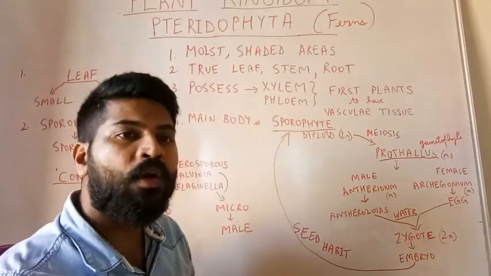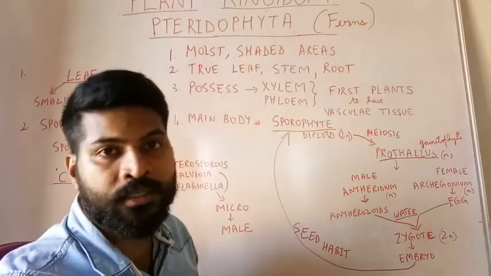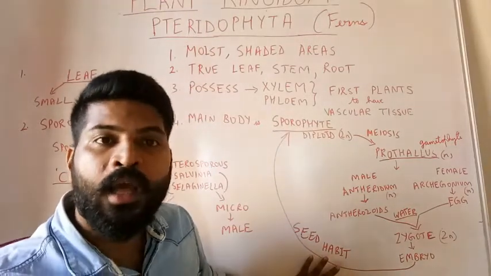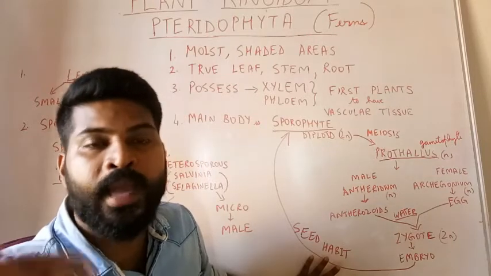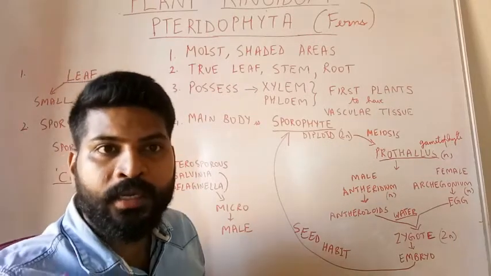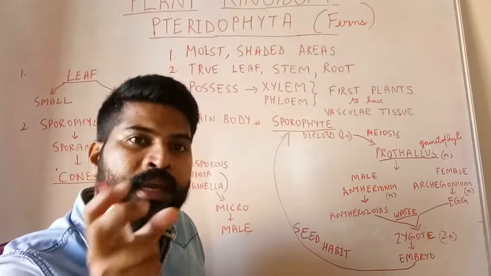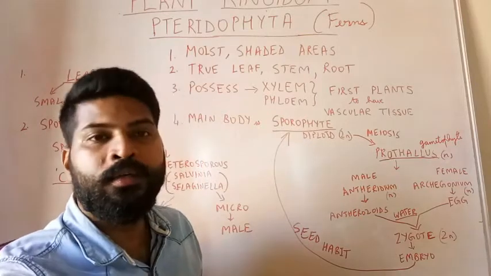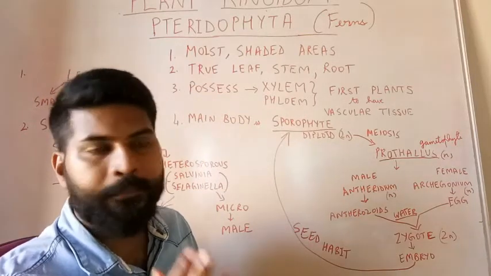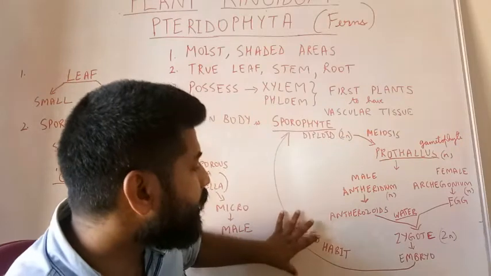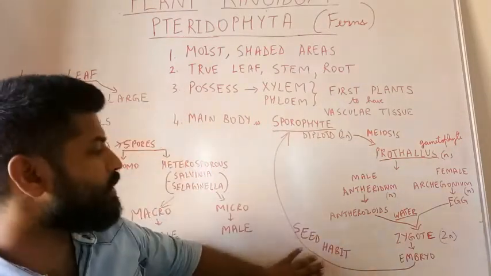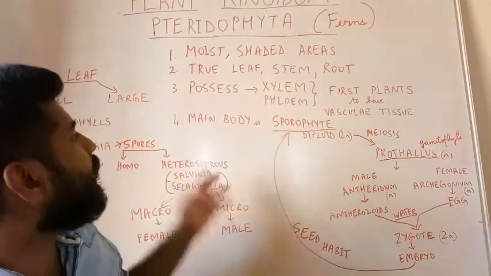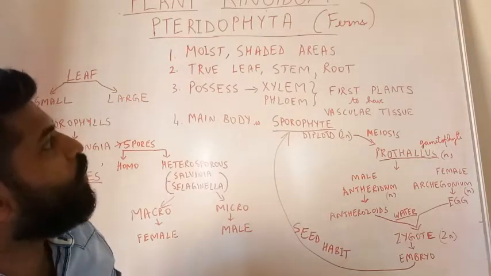This is a precursor for the seed habit, as we see in higher plants like gymnosperms and angiosperms. We know that seeds are present inside the fruits or maybe naked. These are grown on the plants, the female plant or any plant. That kind of precursor is seen over here. So precursor to seed habit is for the first time seen in Pteridophytes. That is about the life cycle of Pteridophytes.